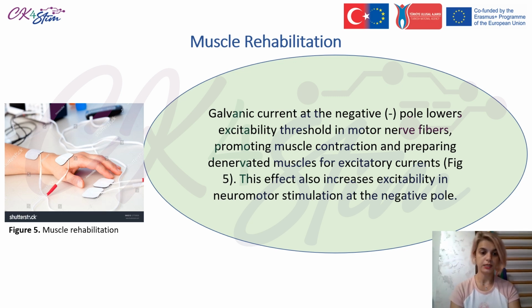So the stimulating action of the galvanic current on the motor nerve fibers is used in practice and is a preparation of the denervated muscle for the excitation currents. At the negative pole, a decrease in excitation threshold is recorded, with the same phenomenon of neuromotor stimulation with increasing excitability.